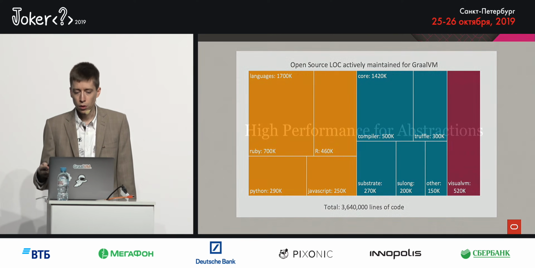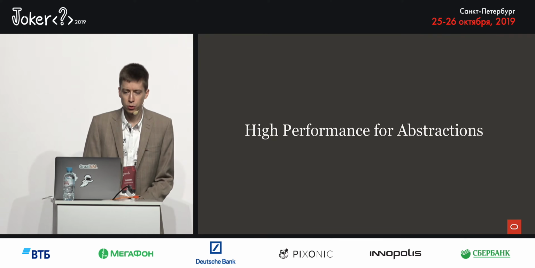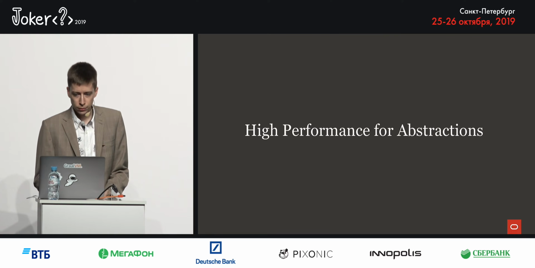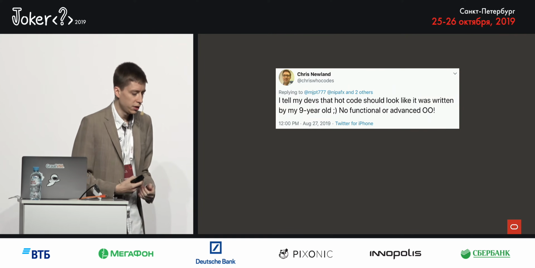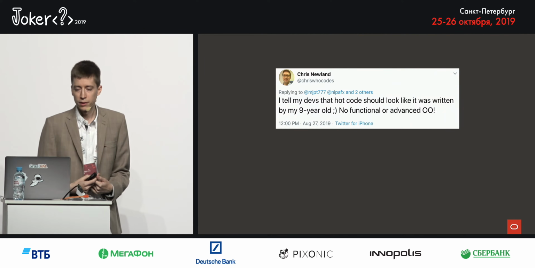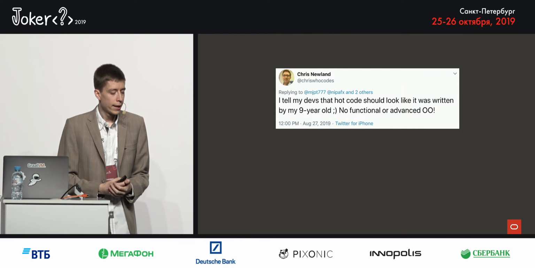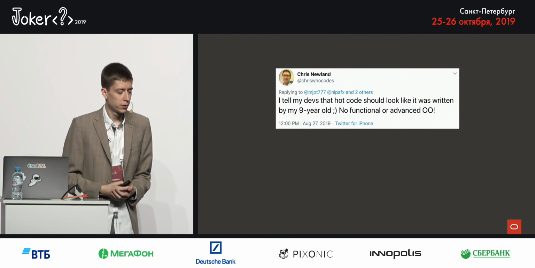So let's go to the first part, high performance for abstractions in any language. I want to show you a little tweet from an exchange I had a couple of weeks ago with a Java performance expert that I very much respect, Chris Newland. He wrote also some books on Java performance.